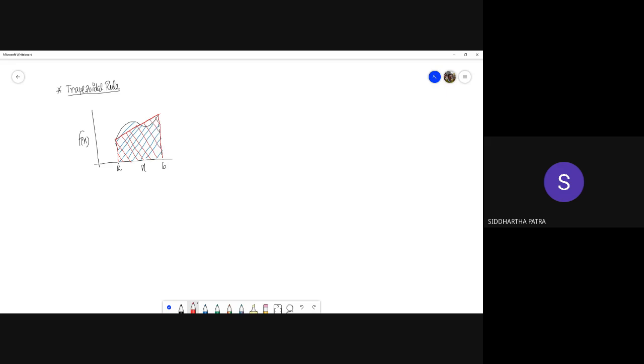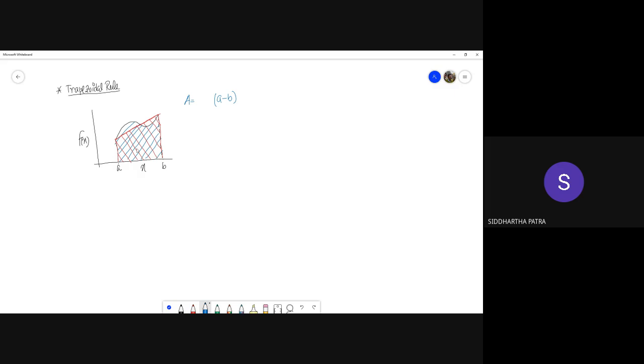Okay, and this is the formula for the area of the trapezoid. First of all, the distance between the parallel lines is b minus a, and then you are supposed to multiply with the values of the function at the two ends.